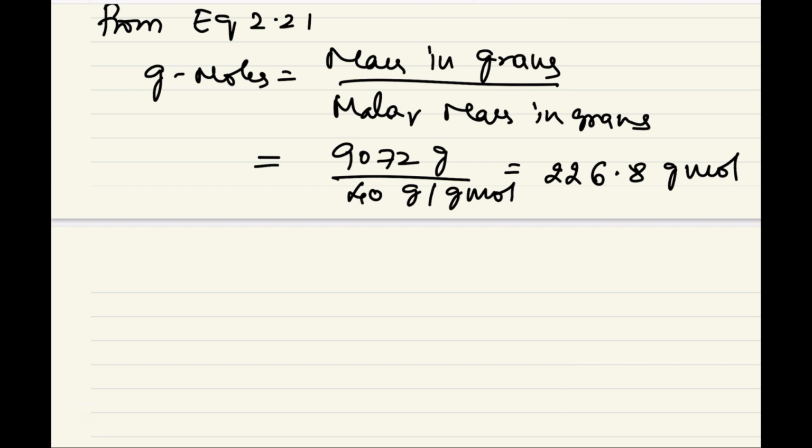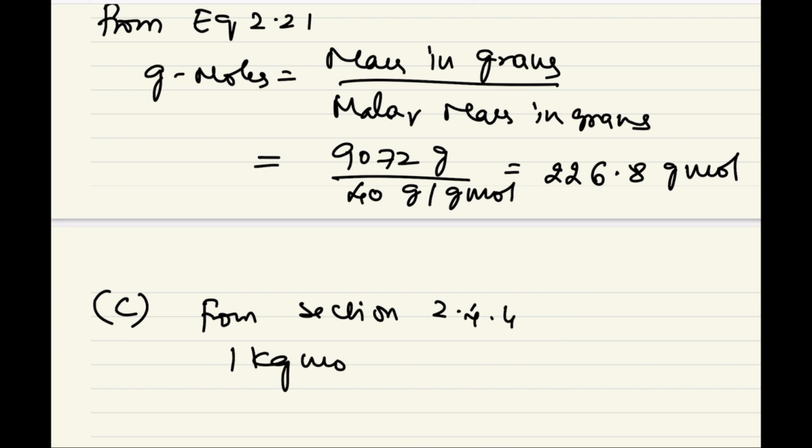Let us move to sub question C, where we need to convert it into kg mole of NaOH. It is easy because we have gram mole, so we can easily convert it into kg mole. From section 2.44, we know that 1 kg mole is nothing but 1000 gram mole.